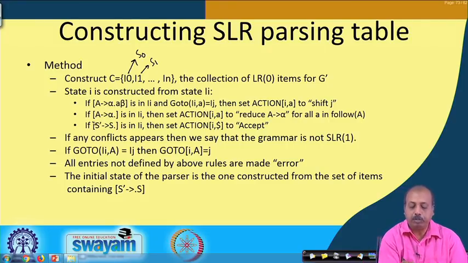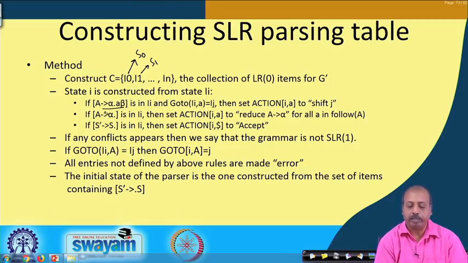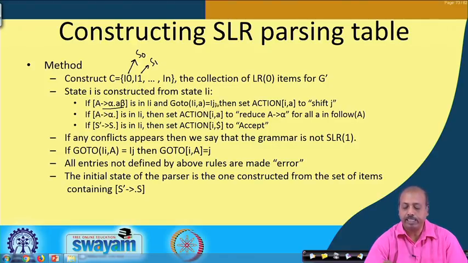If A producing alpha dot a beta is an item in a particular set of items I, and goto of I on a gives a new set I j, then in the action part of the table, corresponding to state number i and input a, we will add the action shift j. That means it will do a shift operation and come to a new state, which is j. That is the meaning of this rule.